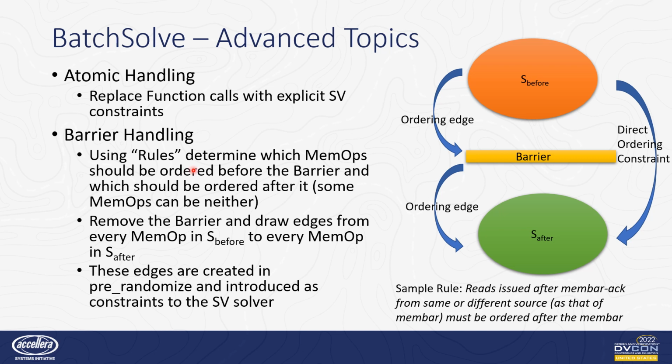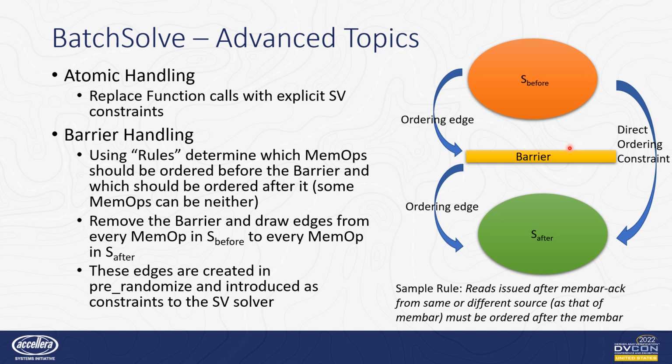So what BATS tries to do is, based on the execution, find these ordering constraints imposed by the barriers and then present them as constraints to the solver.